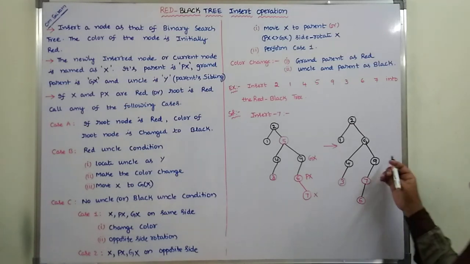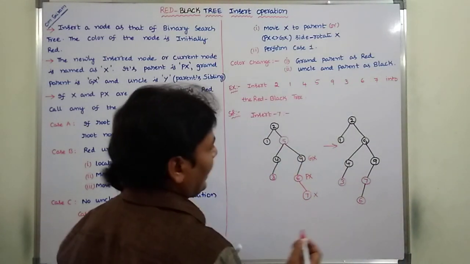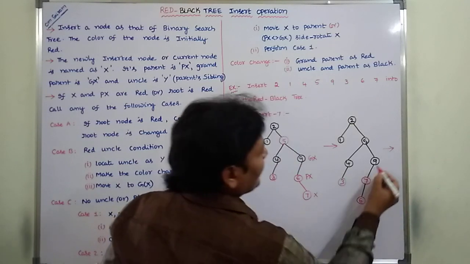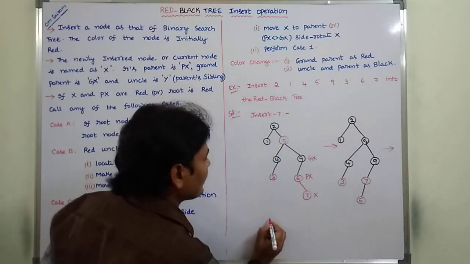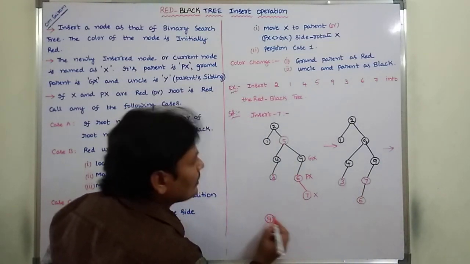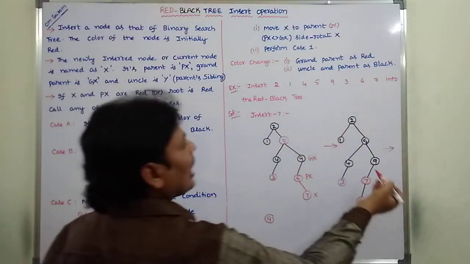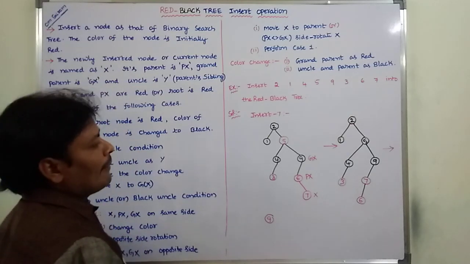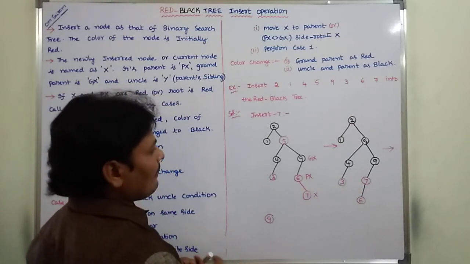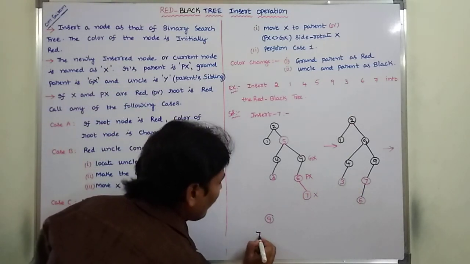So now grandparent can be changed to red, that is 9. Next one, uncle and parent as black. Here uncle is not there. Parent is 7, 7 can be changed to black.